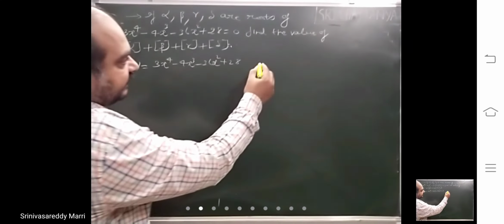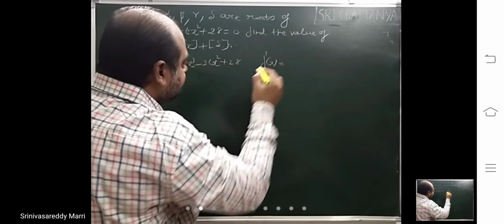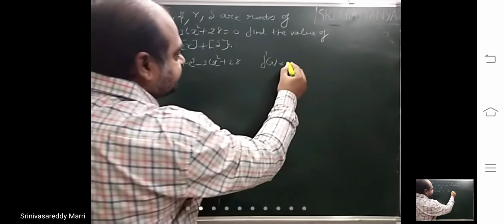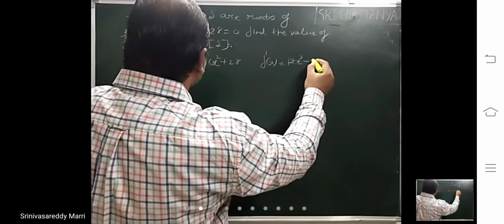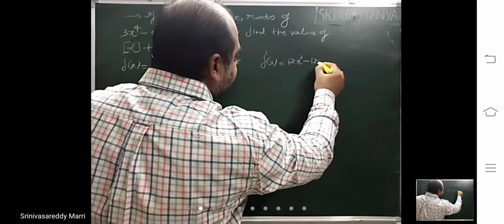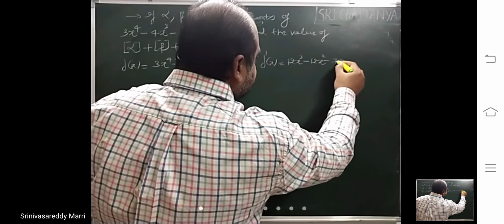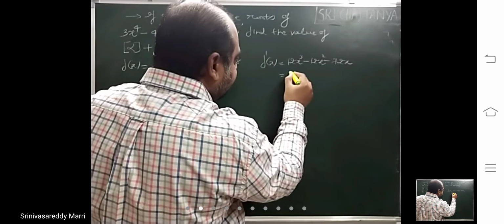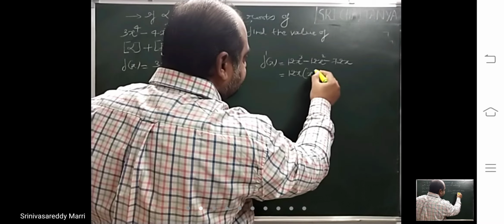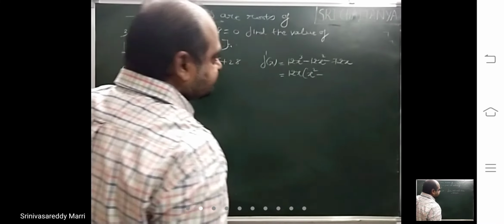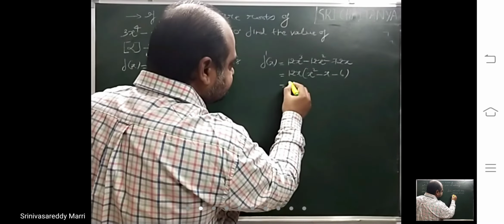Write f dash x, the intervals of increase and decrease. That means f dash x equals 12x cube minus 12x square minus 72x. Take 12x common: 12x into x square minus x minus 6.